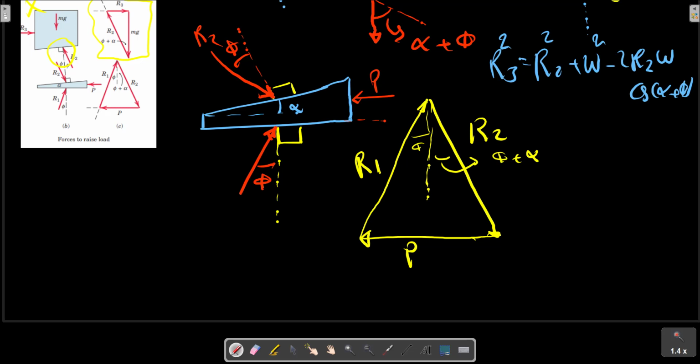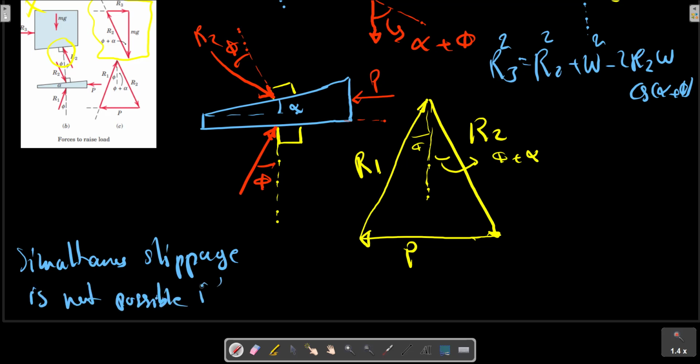This figure illustrates this range and shows that simultaneous slippage is not possible if the angle is smaller than 2 times the angle of the resultant force due to friction and normal force.